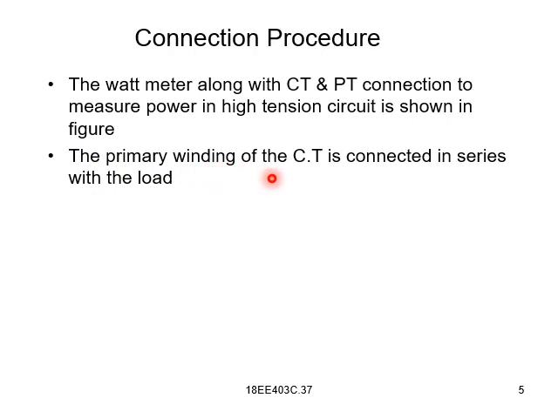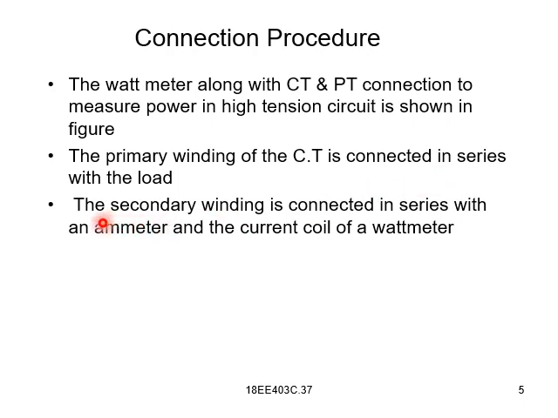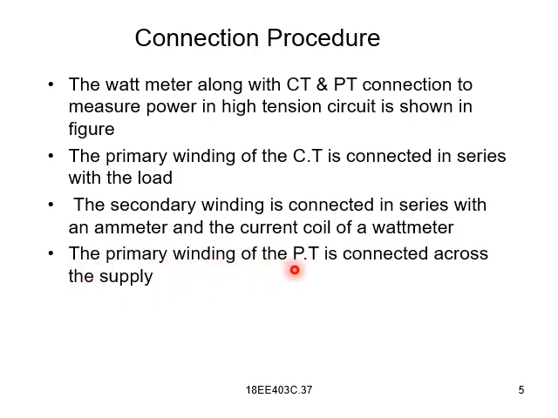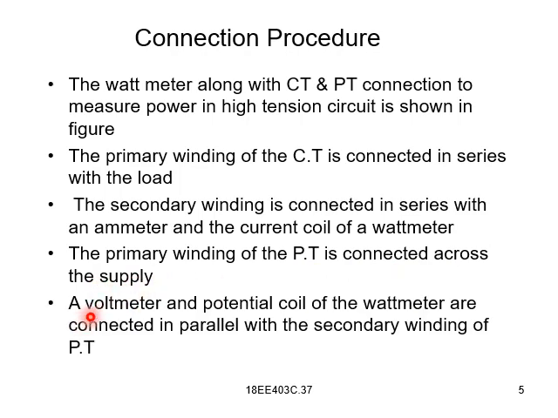The primary winding of the CT is connected in series with the load. The secondary winding is connected in series with an ammeter and the current coil of a wattmeter. The primary winding of the PT is connected across the supply, and a voltmeter and the potential coil of the wattmeter are connected in parallel with the secondary winding of PT.